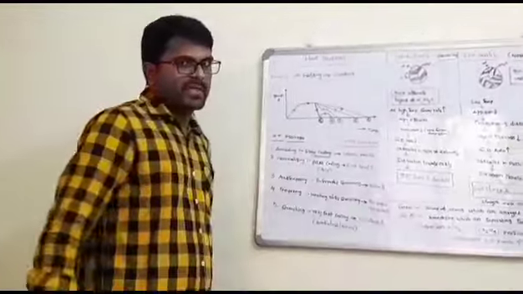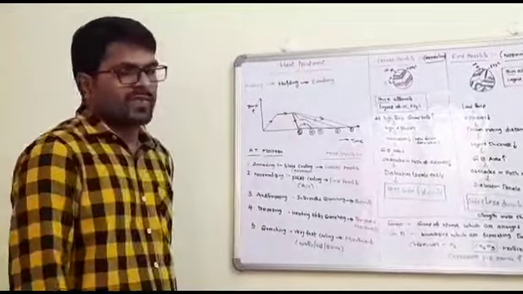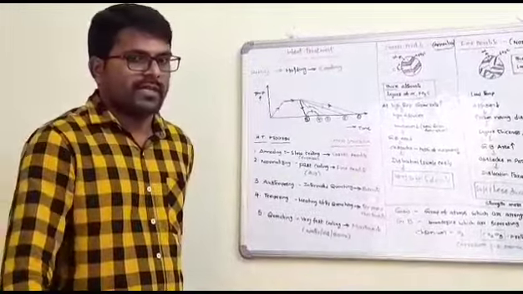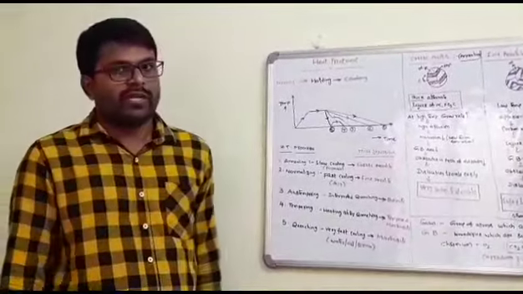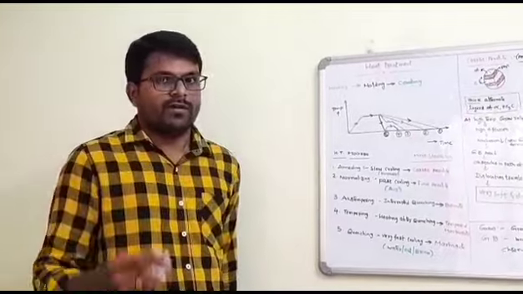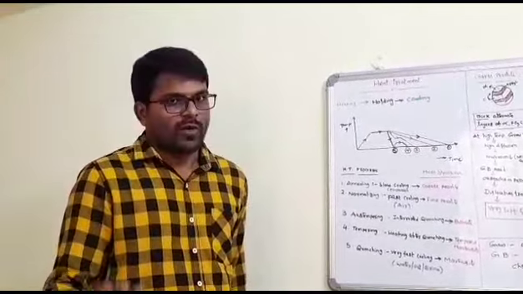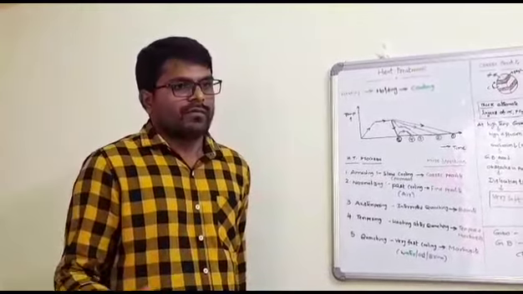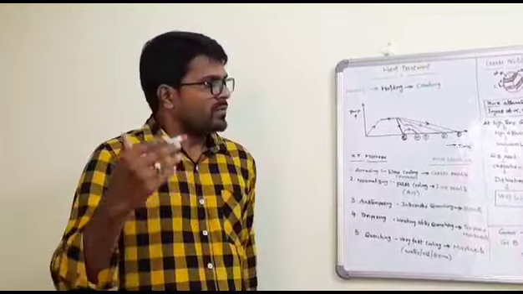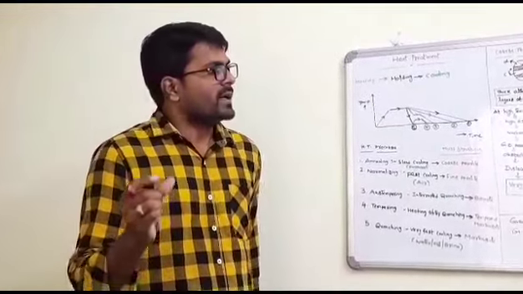This is a subject in material science. Let me give some small introduction about material science. Why do we need to study material science? If you want to design any object, any product, before going to manufacturing the product, we have to check the properties.